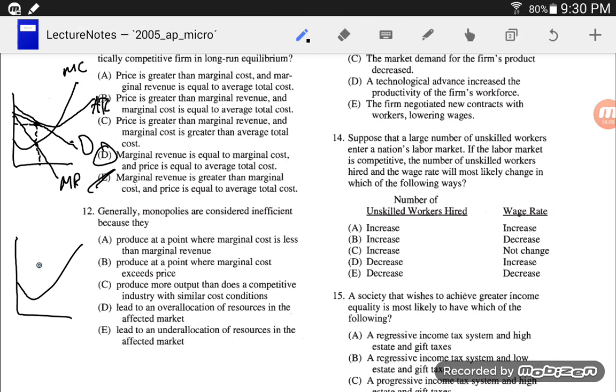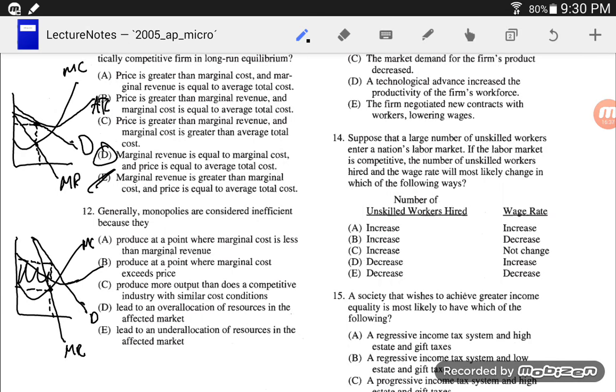Monopolies will often produce at a point, very similar graph to what I just drew there. So if demand looks like so, marginal, oh man, my pen's not writing, marginal revenue, we're going to produce at this point here, that's marginal cost, and that's the price that I'm going to charge, and I'm going to have a huge profit.